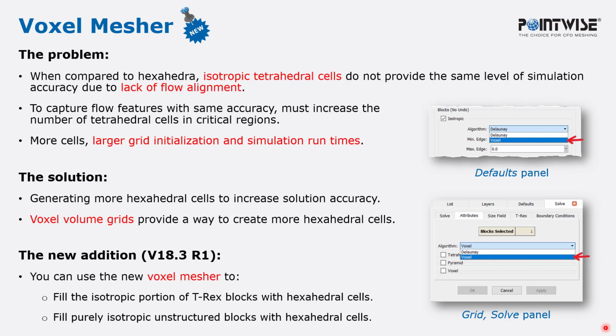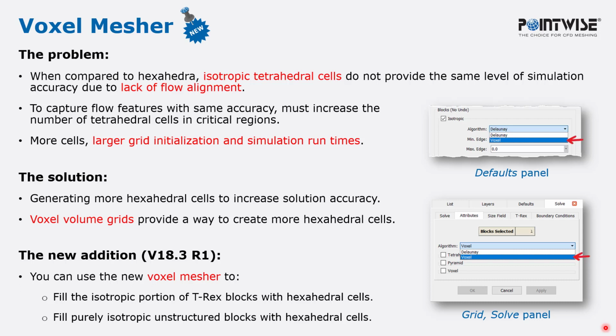Also, to capture flow features with the same level of accuracy, you have to increase the number of tetrahedral cells in critical regions. And of course, more cells mean larger initialization times and larger simulation run times. And of course, that is something you do not want. So that's the kind of problems that we're trying to resolve here with this addition.